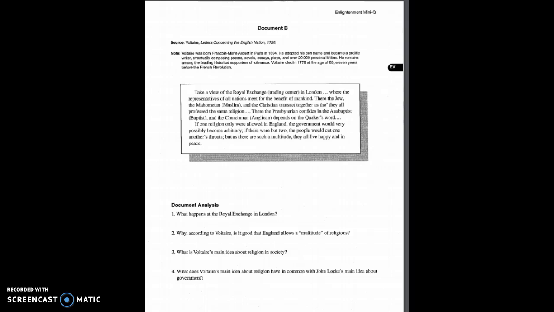In Locke's case, Locke believes that individuals have the freedom and the capability of creating a good government. Voltaire believes that allowing individuals to choose their own religion and avoid conflict, that's the way they're going to practice that freedom. So Locke in matters of government, Voltaire in matters of religion, but both in that case they're promoting the ideas of freedom.